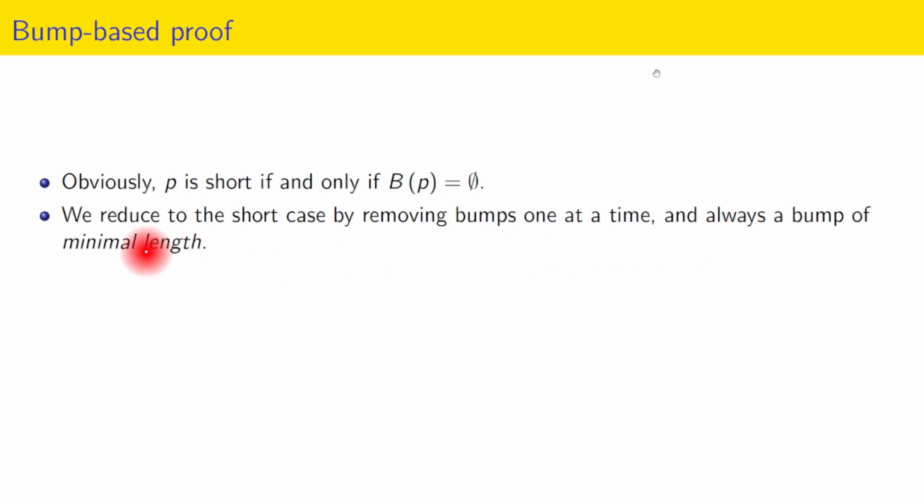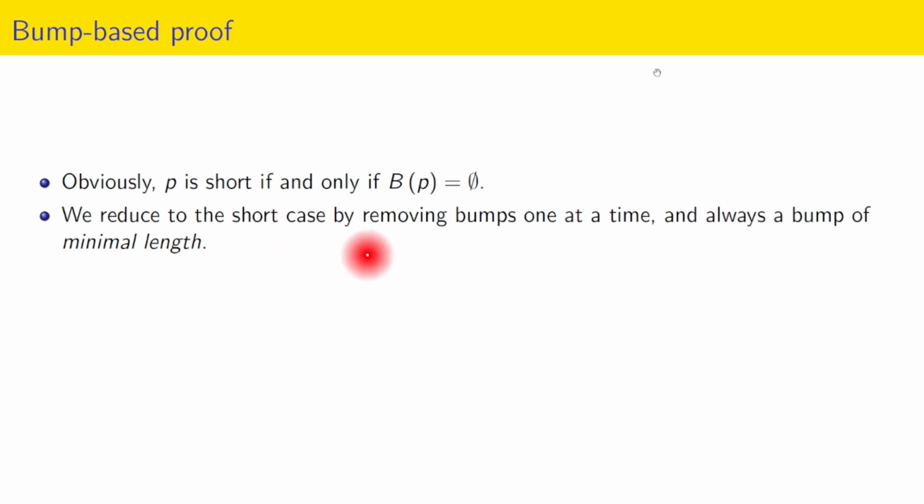The important thing is that we always remove a bump of minimal length. In general, B of P will contain several bumps if P is not short, at least one. Why will you start with the middle one? It should be clear in the next slide. It's very important that you pick a minimal one, because otherwise the proof doesn't work. I hope to explain that in the next slide.